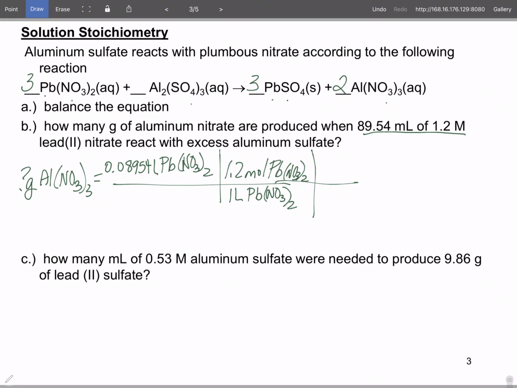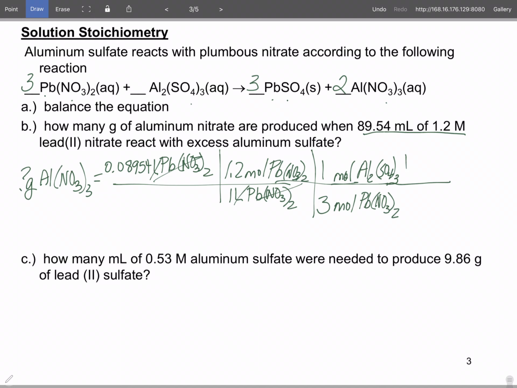That allows us to cancel the liters and the nitrate, so we're left with moles of lead nitrate. We have lead nitrate moles on the bottom, but we need moles of aluminum sulfate on the top. So if we look at our equation, this is a 1. Where's lead nitrate? That's a 3.